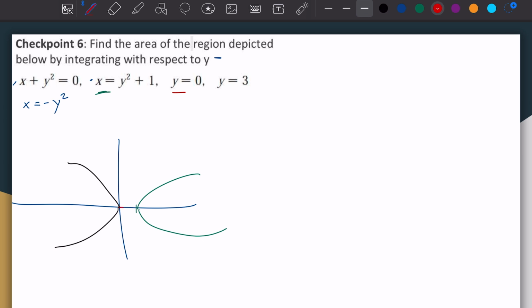That's just going to be at the bottom, a horizontal line at the x-axis, and y equals 3, put that up here, and that's going to be our top interval.